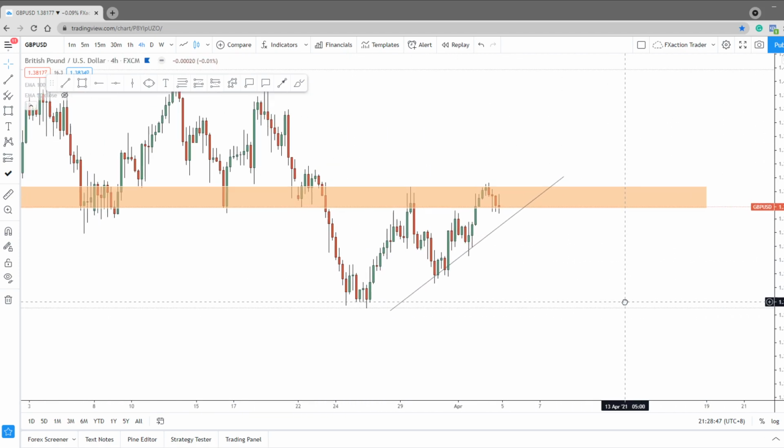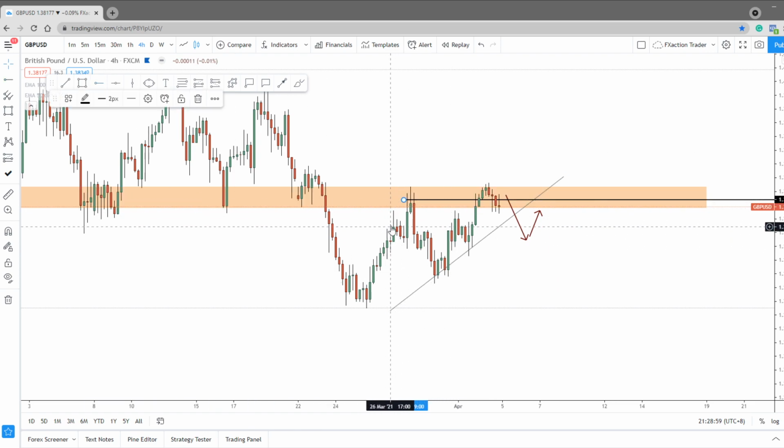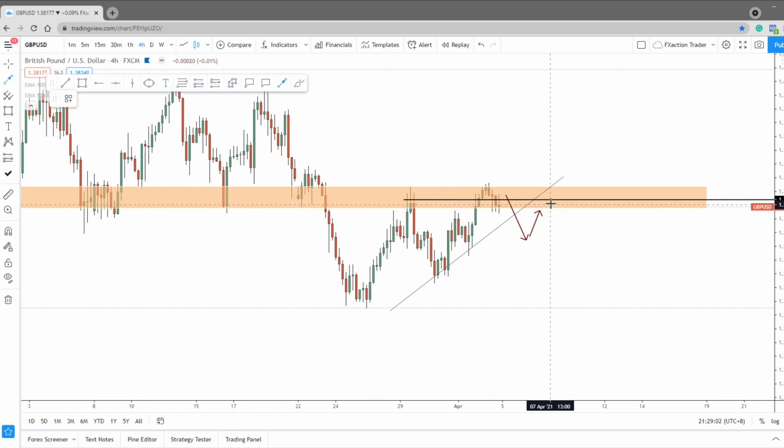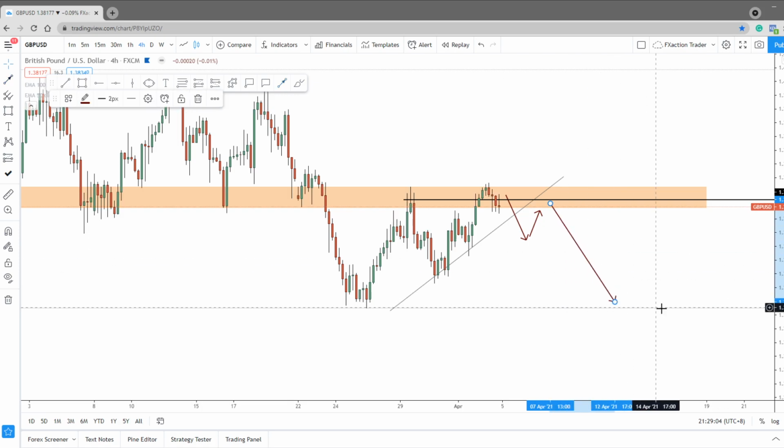So if market decides to continue going for the downtrend, I would like to see this trend line being broken and market do a pullback and form a head and shoulder pattern here. And from here, we are going to continue to short the market.